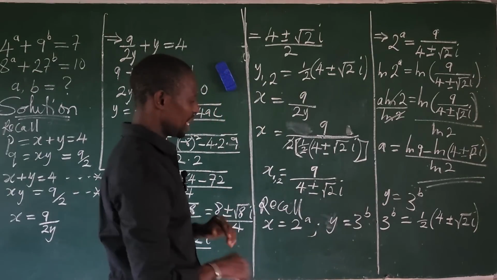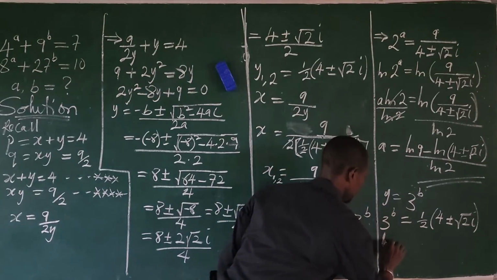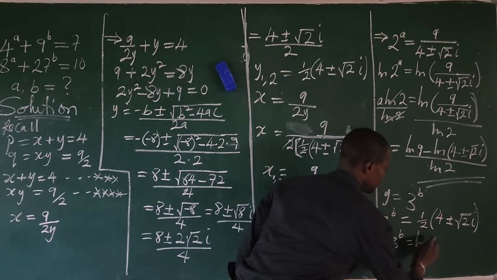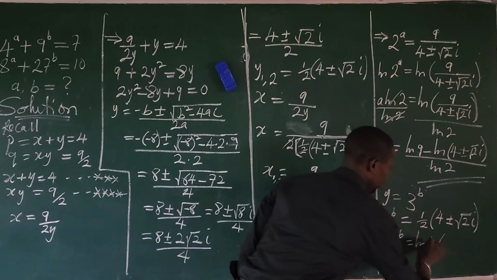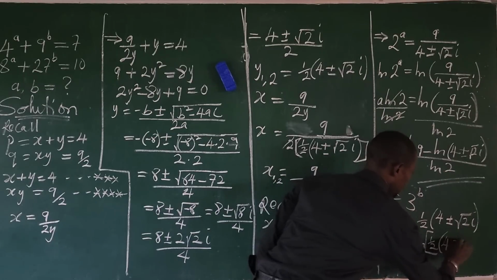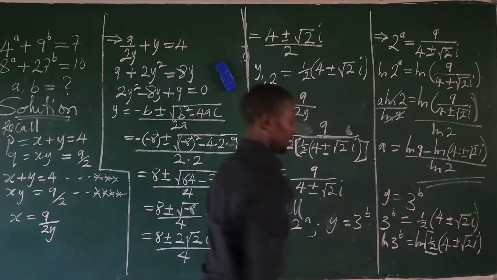Okay, again we ln both sides of the equation. So this will give us ln of 3 to the power of b equal to ln of 1 all over 2 into, let's put this in square brackets, 4 plus minus the square root of 2 iota.